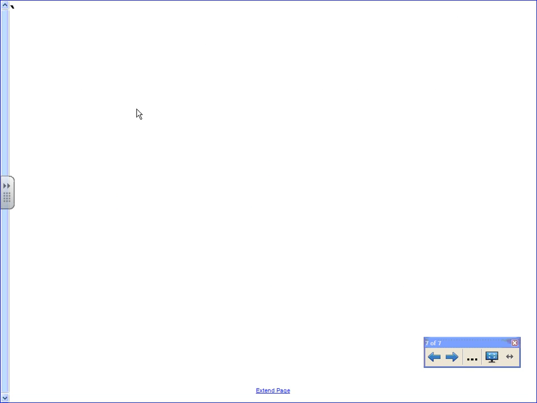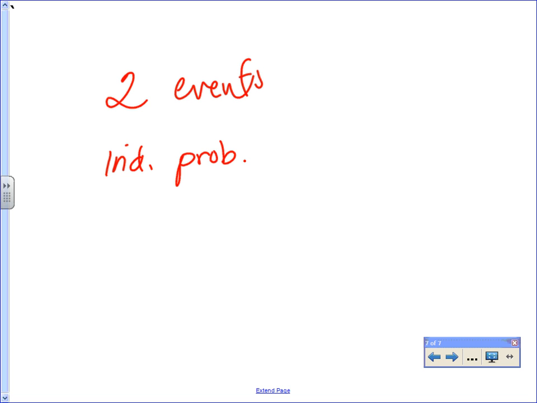Remember that finding compound probability, you've got more than 1 event, 2 events, 3 events, or 4 events, or whatever. For each one you just find the independent probability, which is really, really easy. Most of you have been doing that since 4th grade. And then all you do is multiply the independent probabilities together.